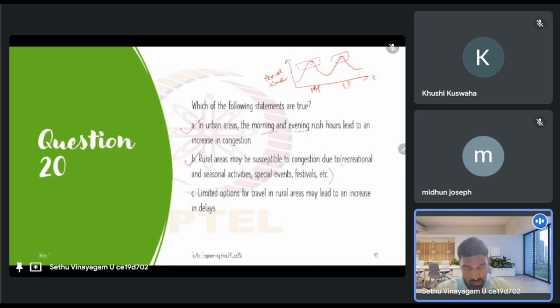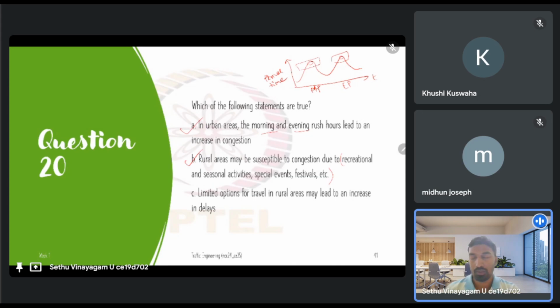And C is again with respect to rural areas: the limited options for travel will increase the delays, right? So this is also true. Again, as we know, in rural areas the number of travel options is limited. When you consider an urban setting, you will have buses, metro systems, your own private vehicles, taxis, autos, and so on, right?